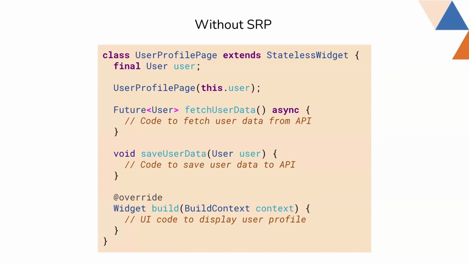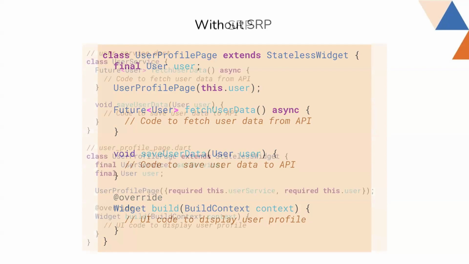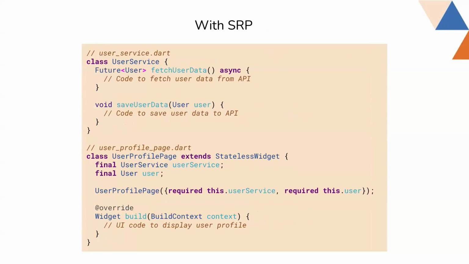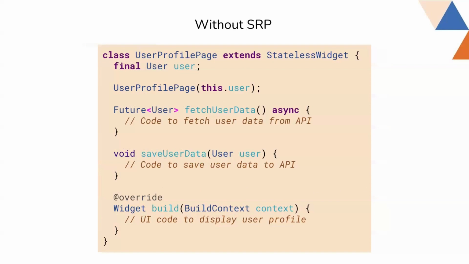So let's see the other example. The previous one did not follow the single responsibility principle, and now let's see what happens when we use it. You see, we have separated the class into another class. Before that, every function or method we called was inside the user profile page.